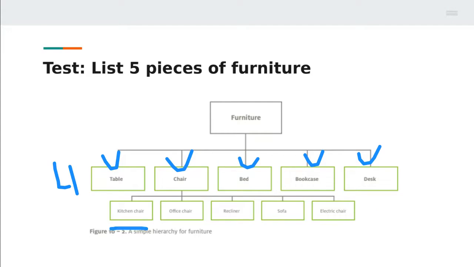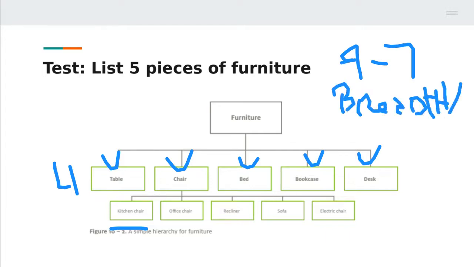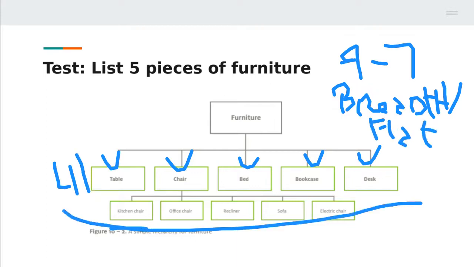We don't know yet because we will need to see all items. But if you have 1, 2, 3, 4, 5 items, I would say from anywhere from 4 to 7 items. Now I'm going to introduce you to breadth. Breadth, or flat. You have more of a flat structure because you have more items at this level.